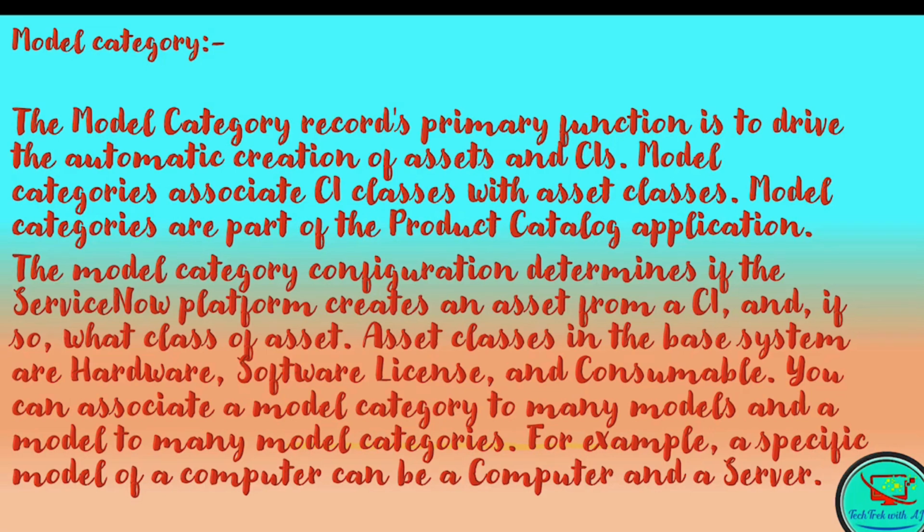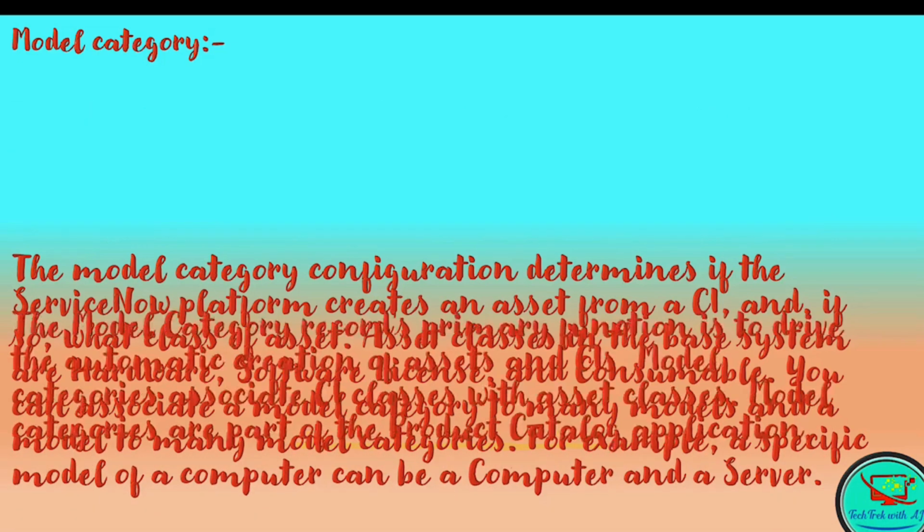In the same way, if we create a CI on any table based on the model, again it's going to assess which model category, or in simple words which asset class, and it's going to create a record in the asset table.